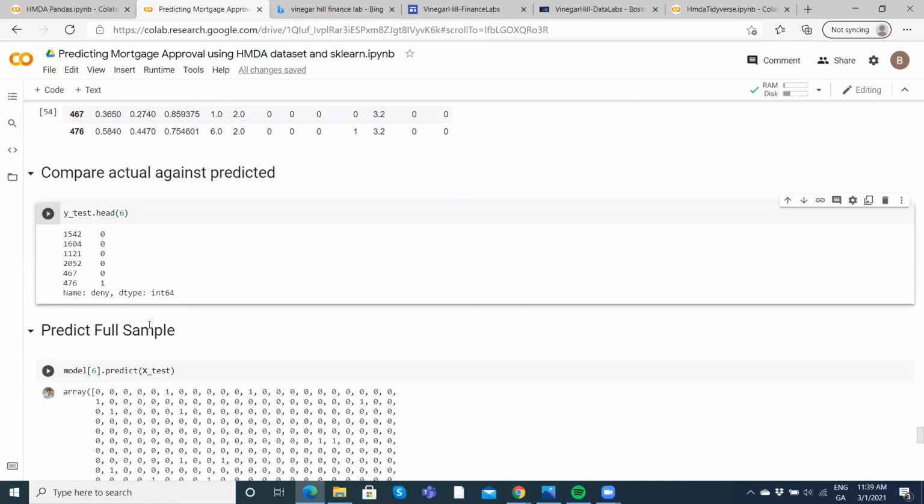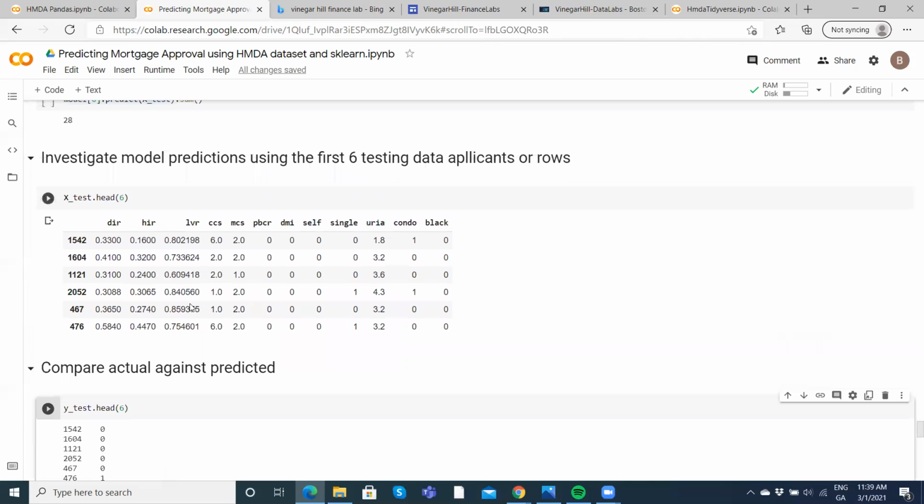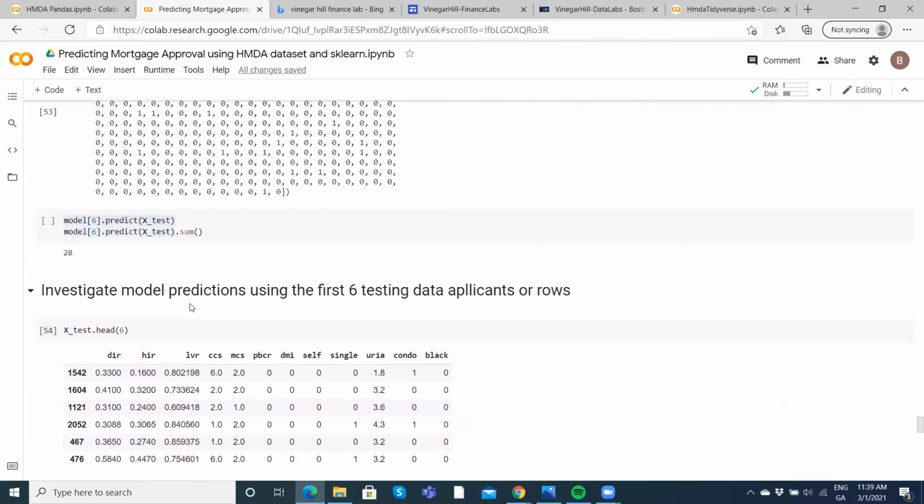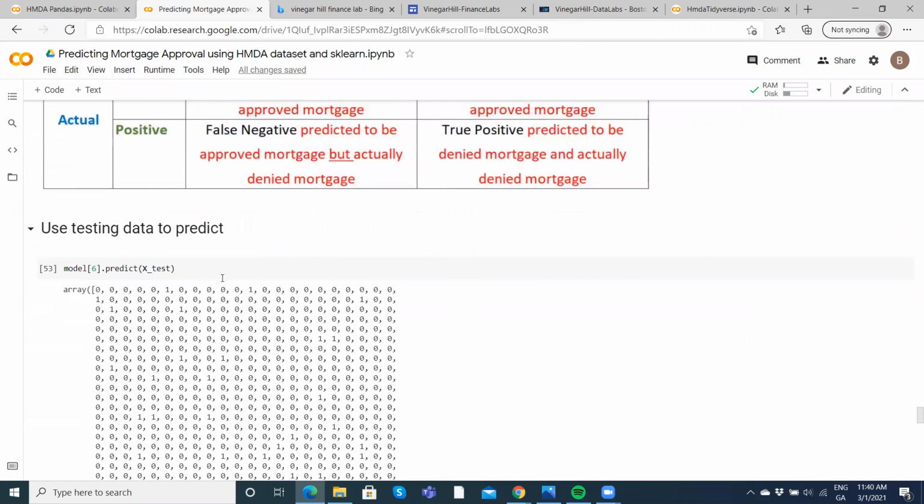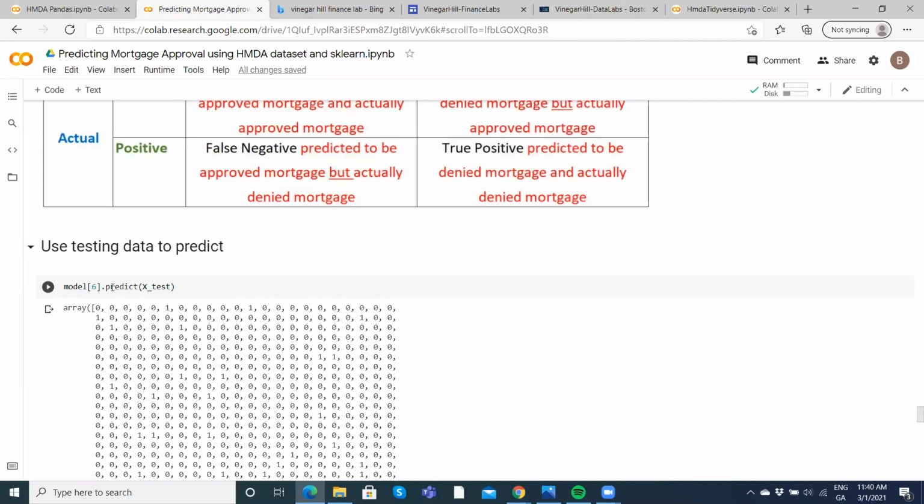And then if we were to look at, let's say, the first 12 applicants. Okay, so let's go model 6, 0, 1, 2, 3, 4, that's 6, 7, 8, 9, 10, 11, 12.